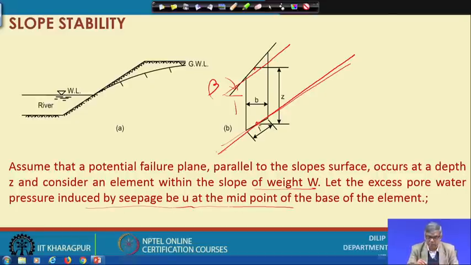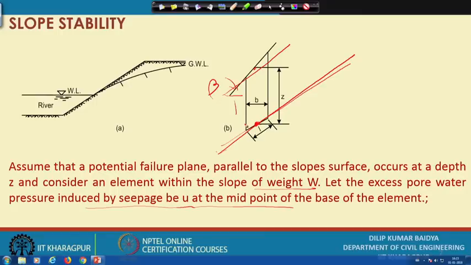Because of this flow, the seepage pressure will be different everywhere. Suppose you have considered a small element, and in that element the pore pressure at the failure plane is u. Based on that we can do the analysis now.